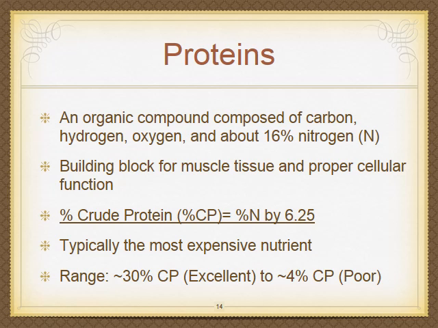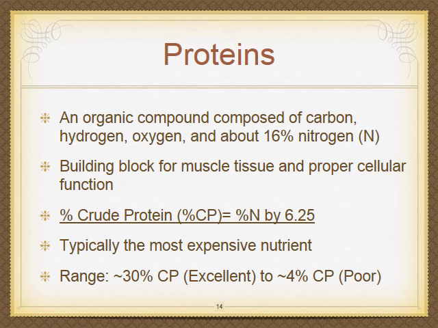Proteins. Proteins are organic compounds composed of carbon, hydrogen, oxygen, but unlike carbohydrates, proteins have about 16% nitrogen. Proteins are building blocks for muscles, tissues, and also necessary for proper cellular function.